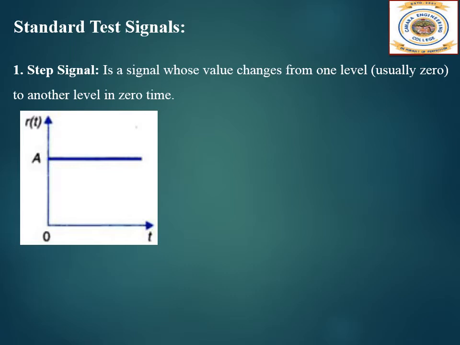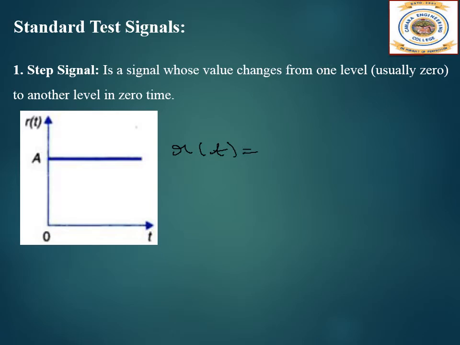First, here you can see the step signal. So what is a step signal? It is a signal whose value changes from one level, usually 0, to another level in 0 time. If I write this as R of t, how do I represent this?